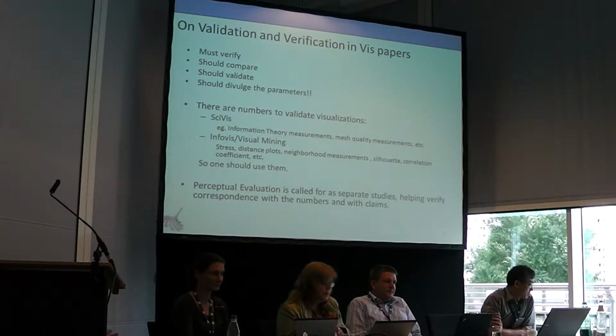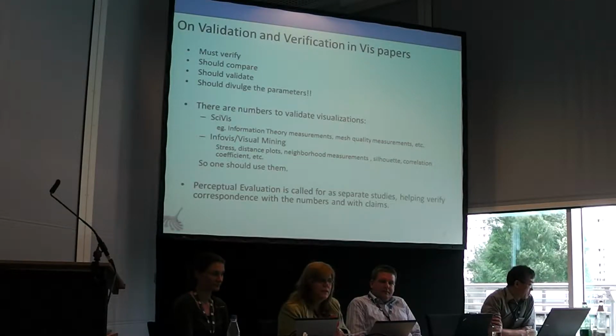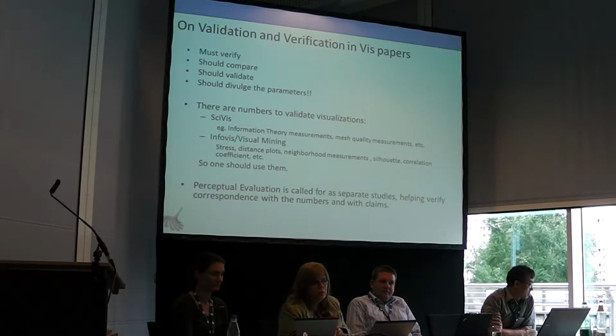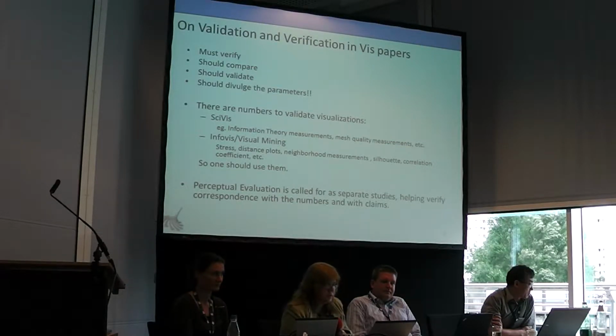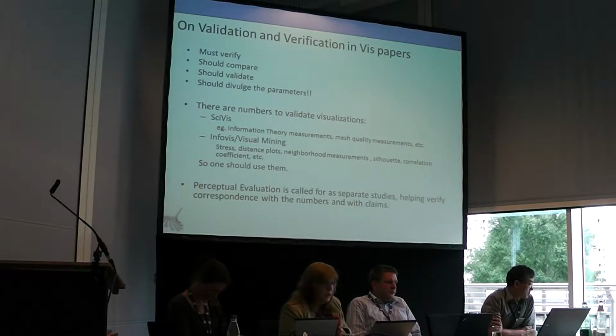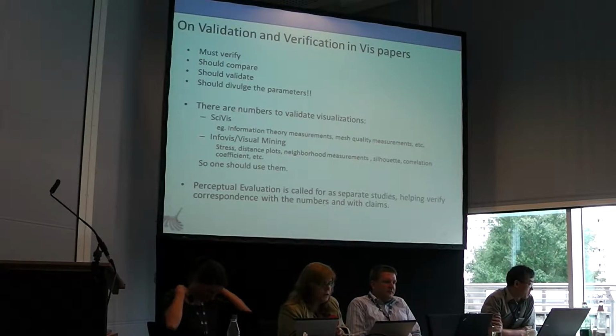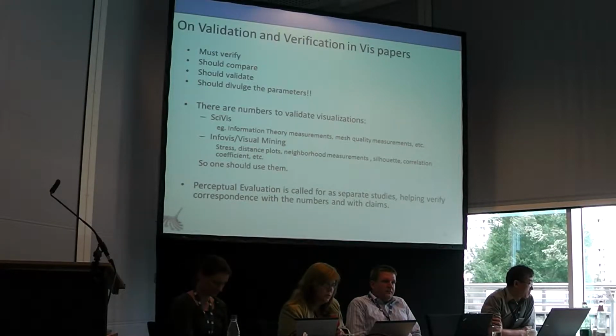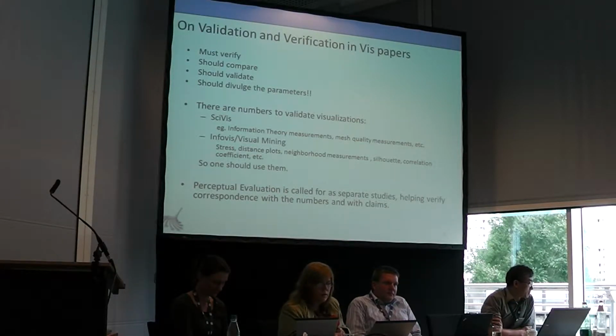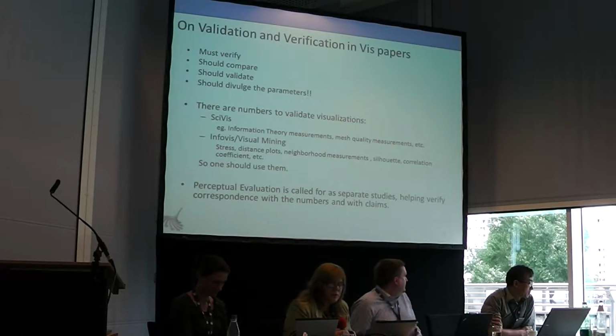If you look at the papers on SciVis and on InfoVis, there are many papers, more than one would expect, that do validate their technique using numerical values. For instance, information theory measurements and mesh quality measurements in SciVis, and other numbers coming from InfoVis or visual mining, like stress, distance plots, neighborhood measurement, silhouette, correlation coefficient.